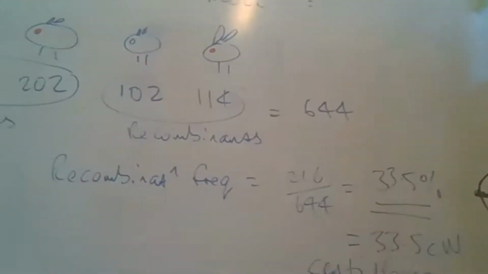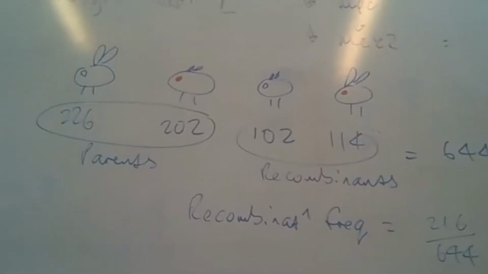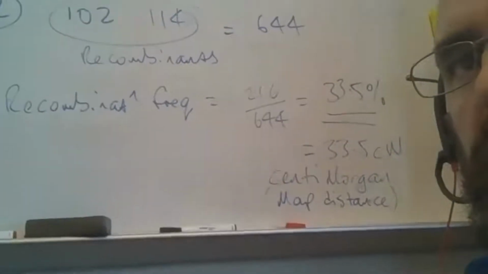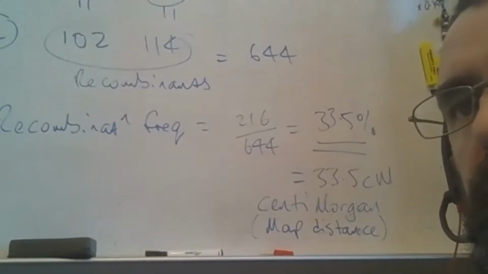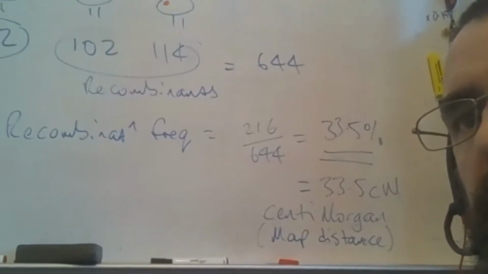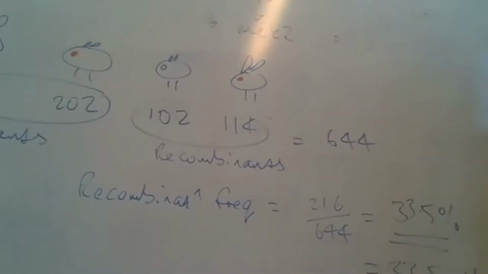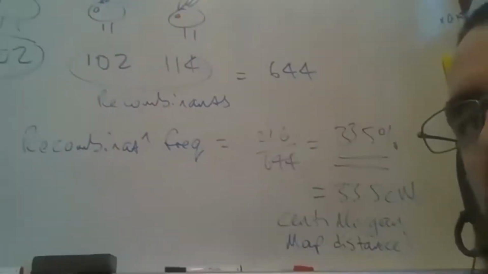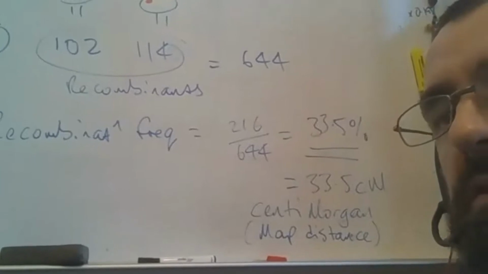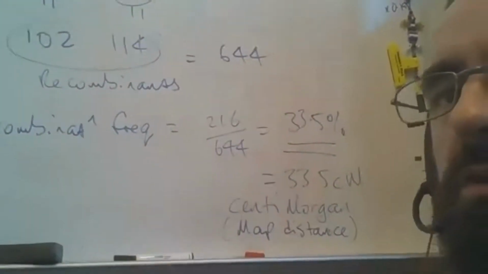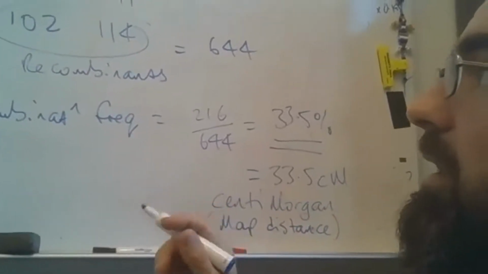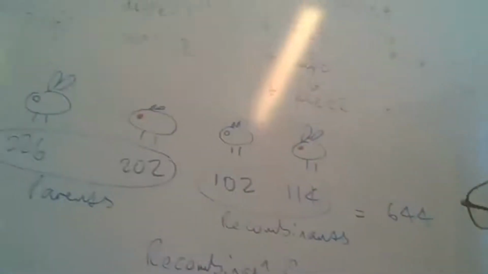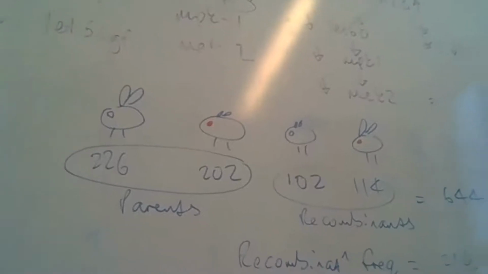Does everybody understand how I got from this to this? Cool. You always take the number of recombinants and divide that by the total. Actually, you need to do times 100 as well to get percent. You get the idea.